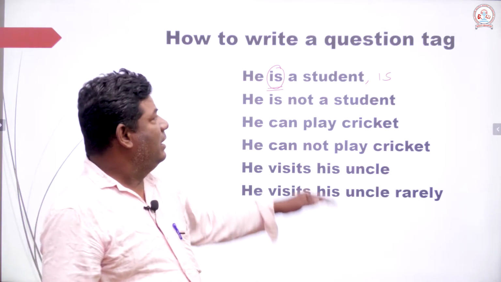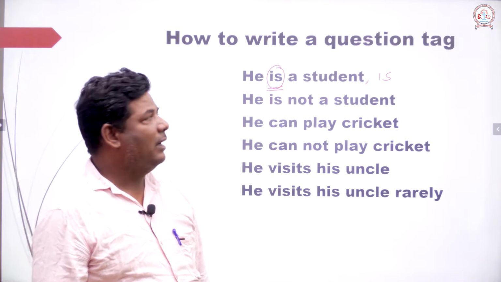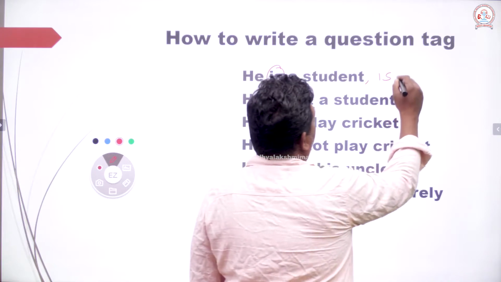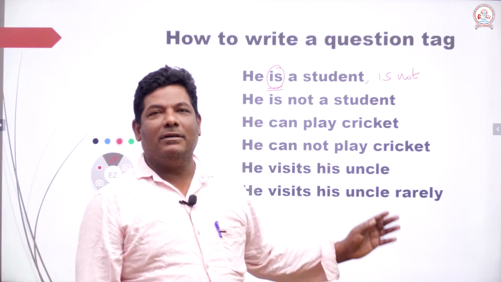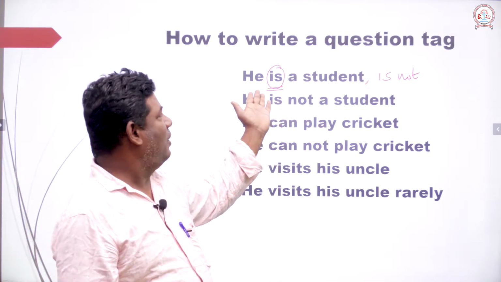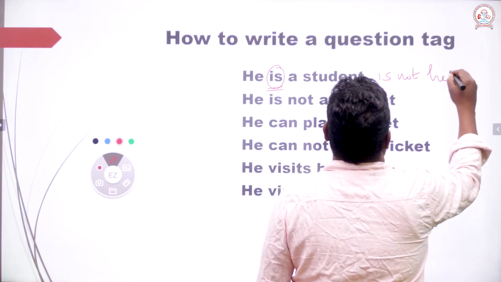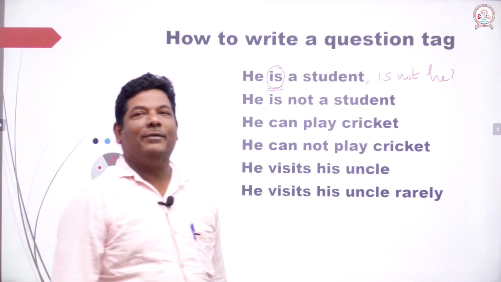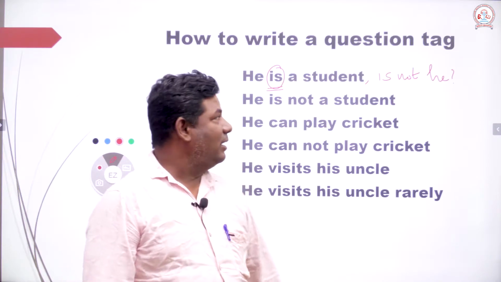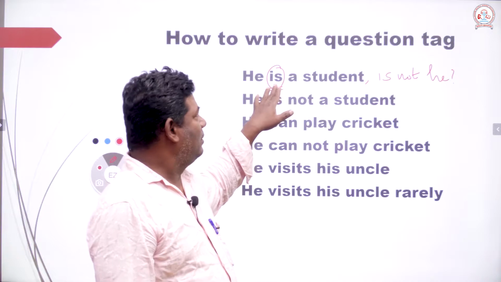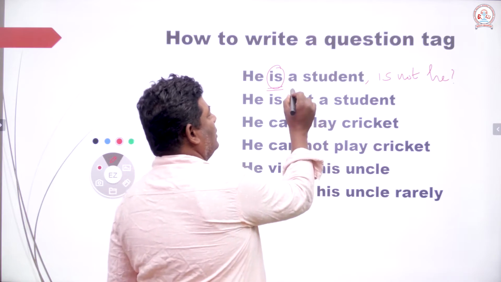It is a positive sentence. Therefore, it should have a negative question tag, so not should be there. Then a pronoun is given. When the subject is given, change it into a pronoun. Is not he. Is it right? In order to make you understand, I am writing like this. We are using the given auxiliary verb, and this is a positive sentence.